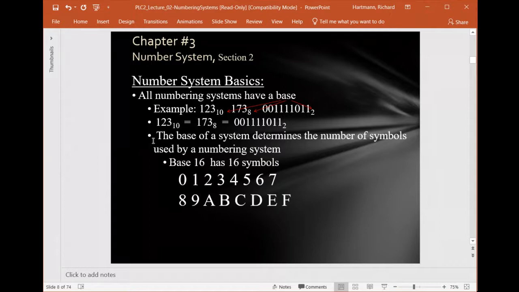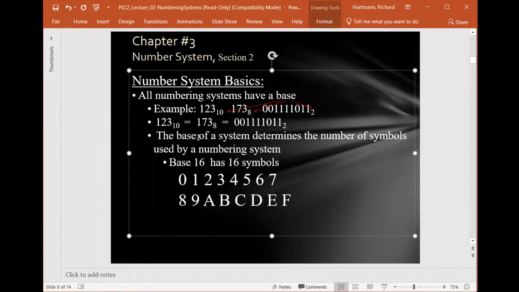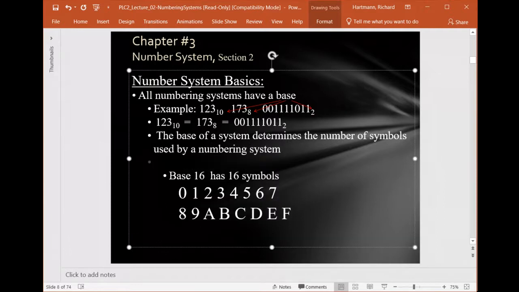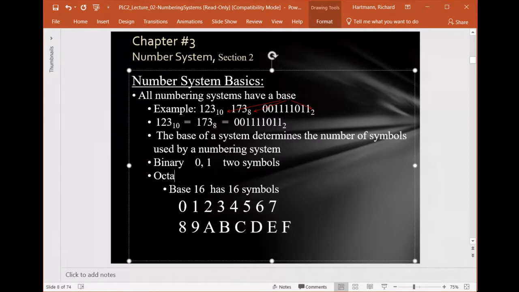All right, so when we talk about the different numbering systems, binary means that we only have two choices. So binary has two symbols, 0 or 1. Octal means that we have 8. OCT is 8, like an octopus has 8 arms. We have 8 symbols.